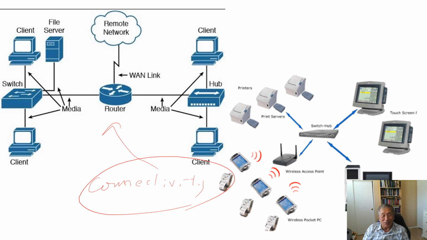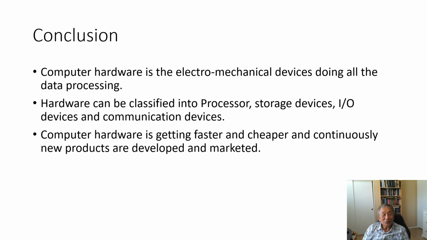That's what the network does. So, in conclusion, computer hardware is the electromechanical device doing all the data processing, and it is the processor, storage devices, I/O devices, and communication devices. Hardware is getting faster and cheaper, and continually new products are developed and marketed.